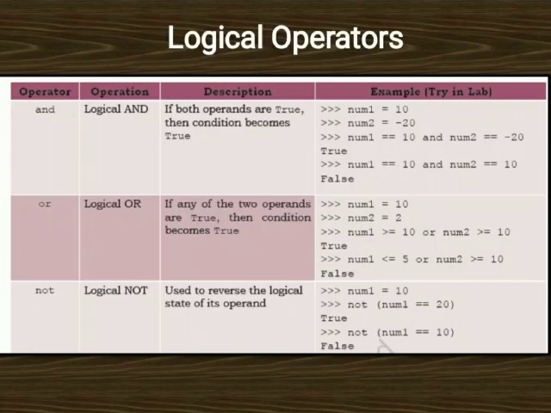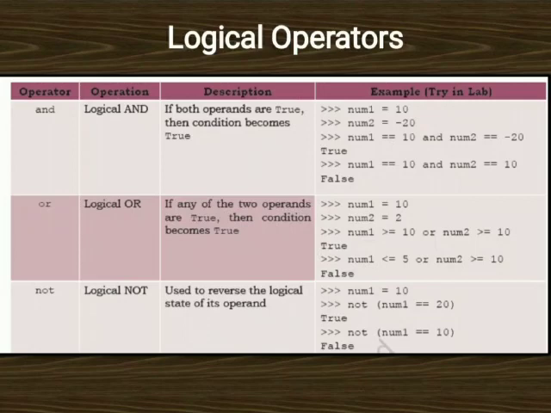What is num2? Num2 value is 2. Is 2 greater than or equal to 10? No. In this case, both the conditions are false, so the result will be false. Once again, the OR operator will give you false only when both the conditions are false. If any one of the conditions is true, then the result will be true.